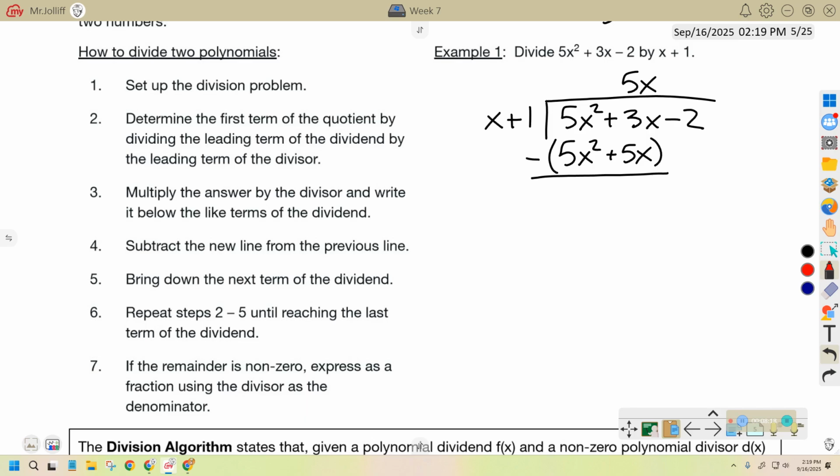If we've done this correctly, usually these will cancel. Gone. Yep, gets erased. 3x minus 5x is minus 2x. Yes, assuming that I did that correctly.